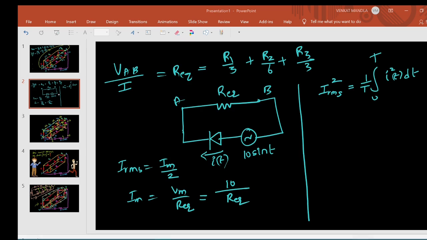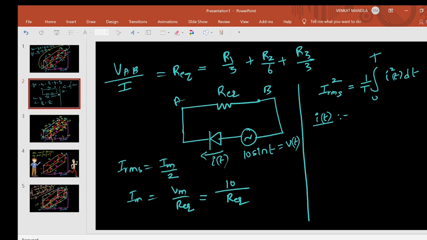To find IRMS, first I need to find I of t, because it is a sinusoidal voltage source and we have a diode in the circuit. This diode is on when V of t is positive, and it is off when it is negative. For the negative half cycle the current is 0.